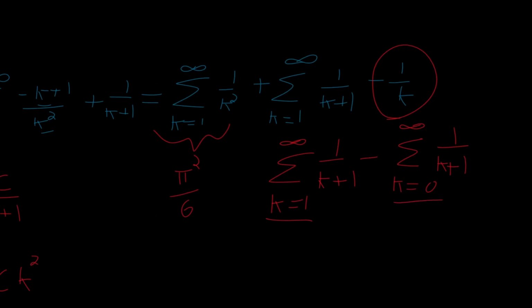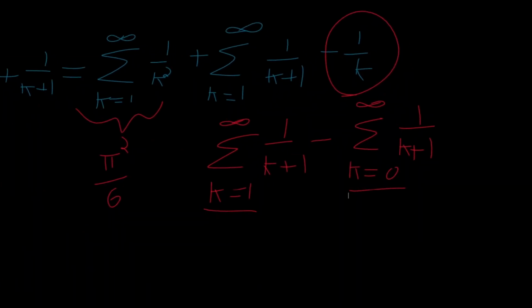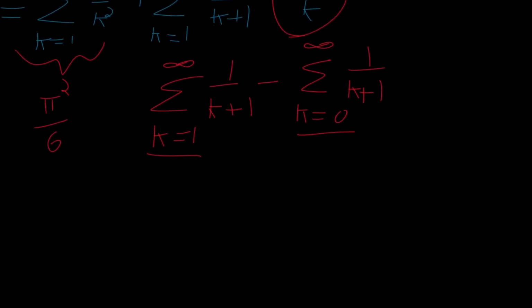So one way we can reconcile that is by rewriting this sum on the right, taking the first term of the series and then adding the rest of it, because after all, that is just what a sum is. So what we can say is that this right here, plugging in 0, is just going to be 1, and then plus the sum from k equals 1 to infinity of 1 over k plus 1.